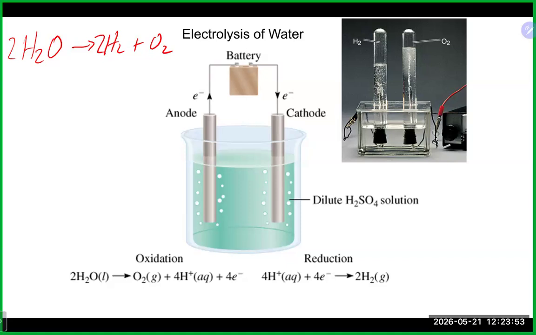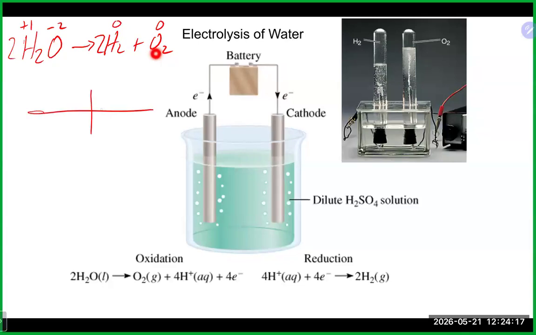Once again, if we look at what's happening in this direction in the electrolysis, the hydrogen is going from +1 to 0, so again becoming more negative. So it is getting reduced. The oxygen here is going from -2 to 0.